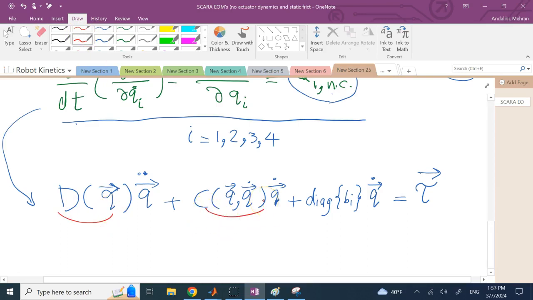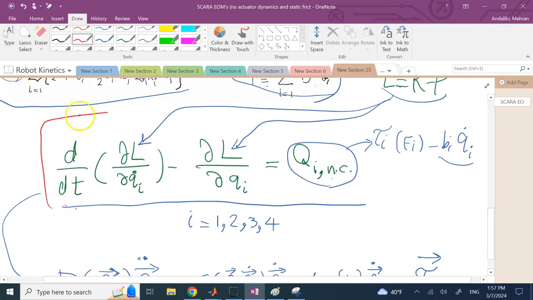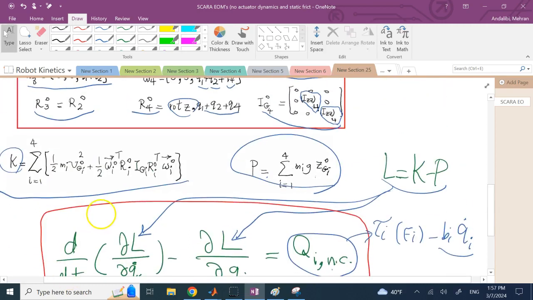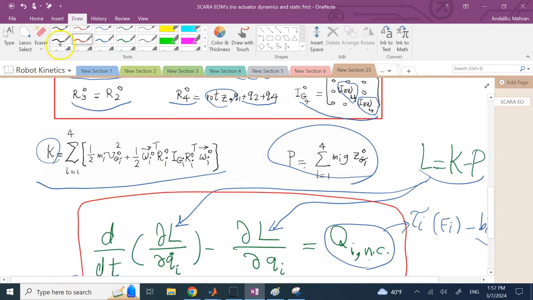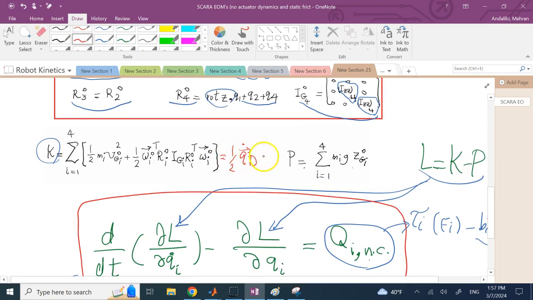And the way I derive the D is, there are two ways that you can derive D. One is you can directly set your total kinetic energy to what? Set it to basically 1/2 of vector Q dot transpose times D times Q dot, and then set them equal and find D. Or you can find D directly.